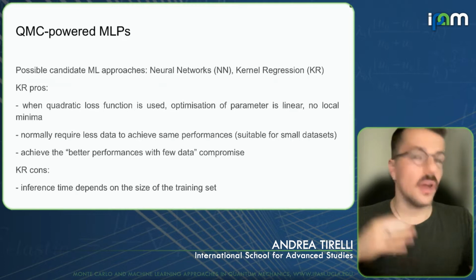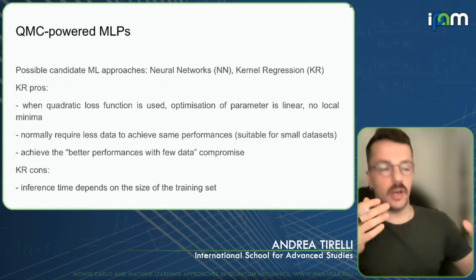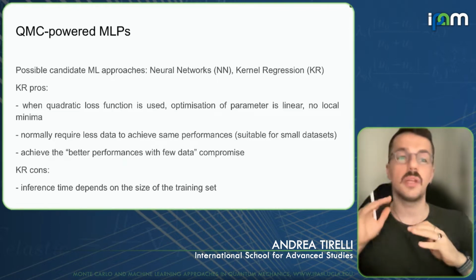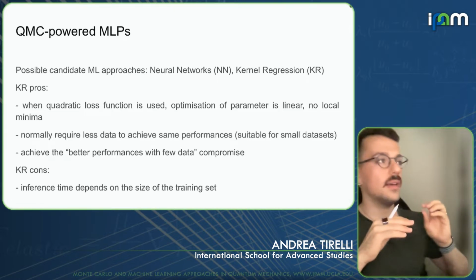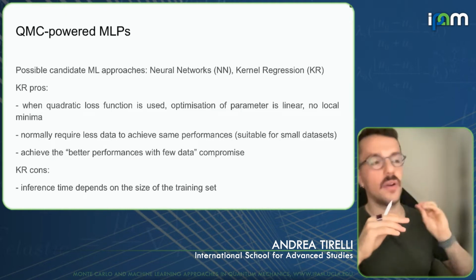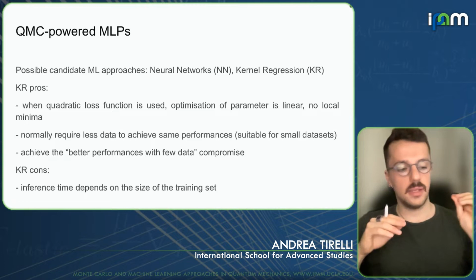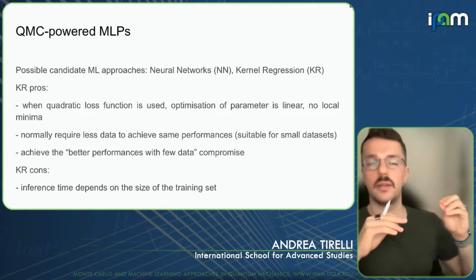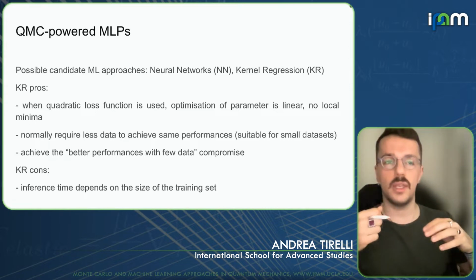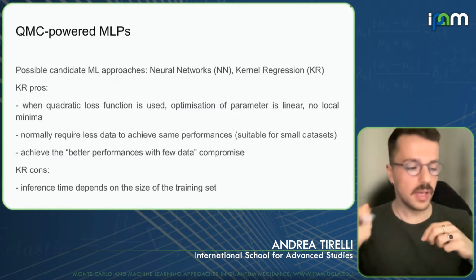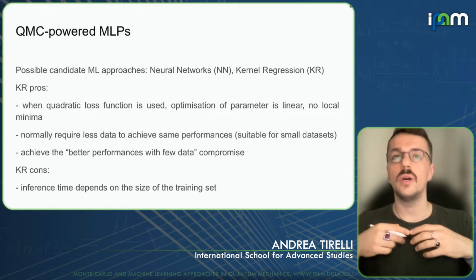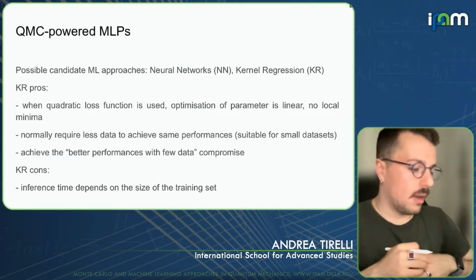On the other side, we have kernel regression, and with kernel regression, I'm going to start from the cons. As opposed to neural networks, the number of variational parameters that we have to optimize in kernel regression is explicitly dependent on the size of the training set. And you'll see how in our formulation, this is going to be something that we need to really take care of.